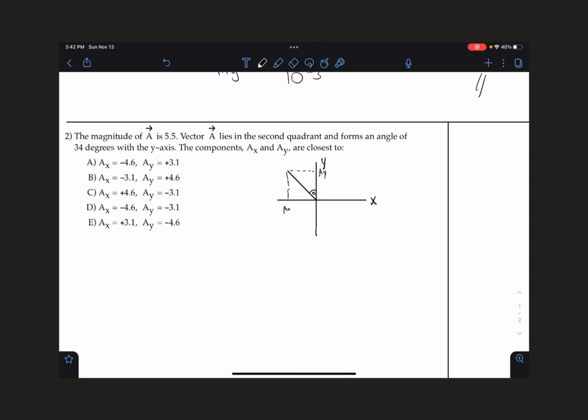And now the horizontal component of vector A is given by negative A sine of 34, since that's the degree that is given in the exercise.